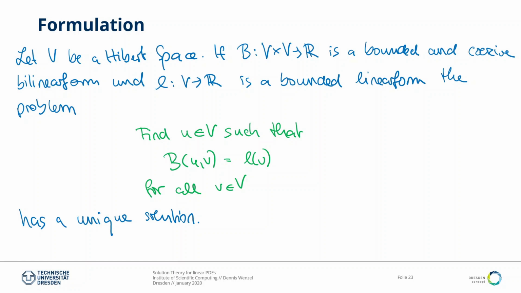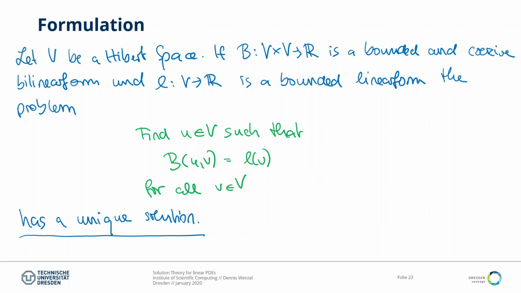And then this problem, finding u in our space such that the bilinear form of u and v equals the linear form with v for all test functions in V, has a unique solution. And this is the important part. So this problem has a unique solution if we can fulfill the boundedness and the coerciveness for B and L.